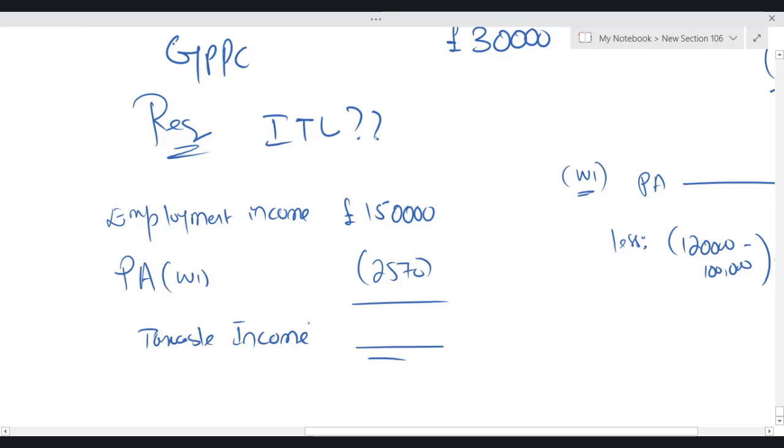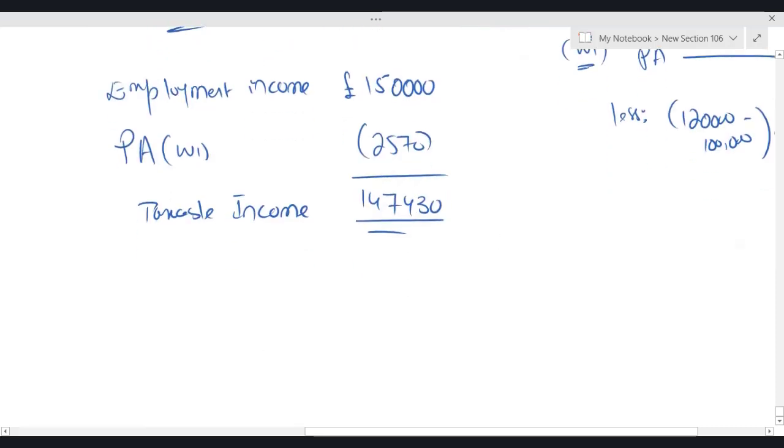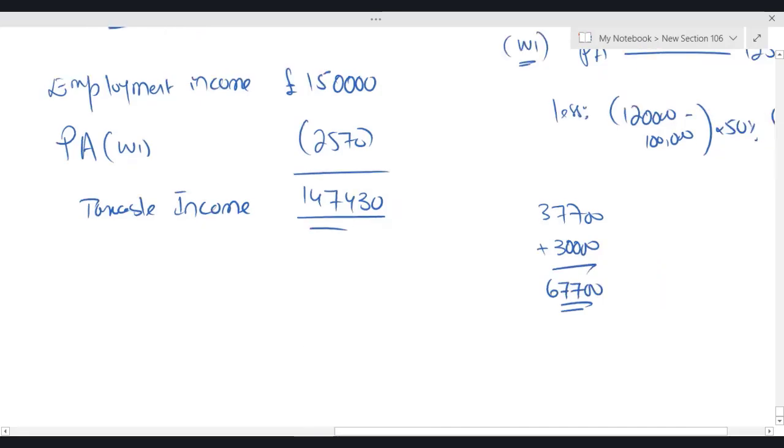Taxable income is 1,47,430. Now the basic rate band limit will be 37,700 plus 30,000, which is 67,700. This will be the basic rate band limit because we know that the basic rate band and high rate band limit will increase by gross PPC.